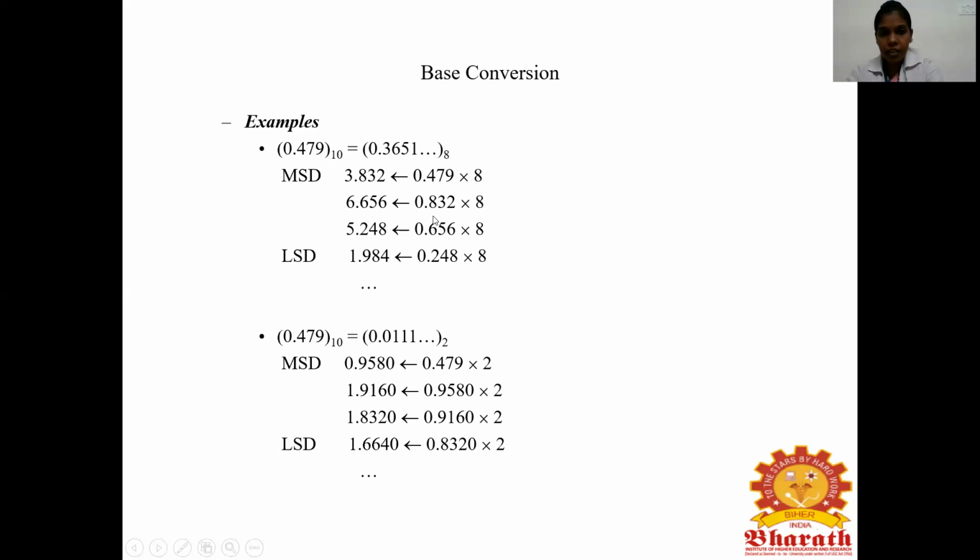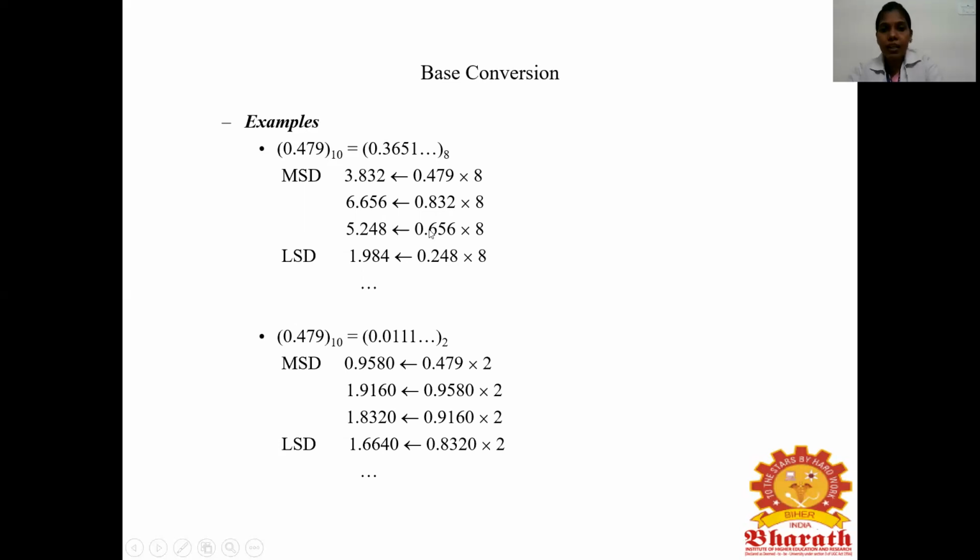Next time, we leave this integer part and take the fractional part alone, that is after the decimal point, 0.832. So 0.832 into 8 gives 6.656.